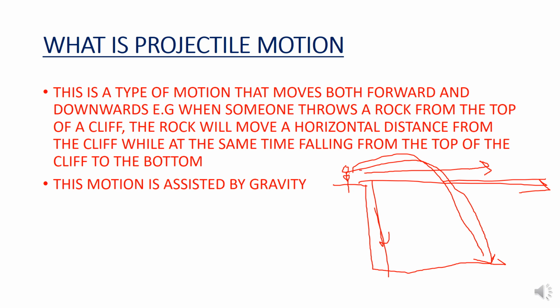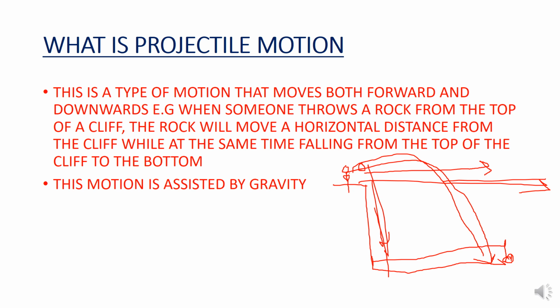Hiyo rock ilikuwa hapa, at the end of the motion it will end up somewhere hapa chini. Sasa so there is a specific distance that rock will cover from where it was to the bottom of the cliff. Na pia hiyo rock ina move from juu kwenda chini. So there are two types of motion happening at the same time.